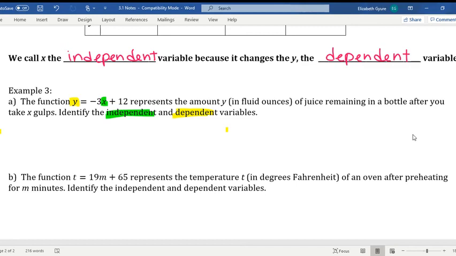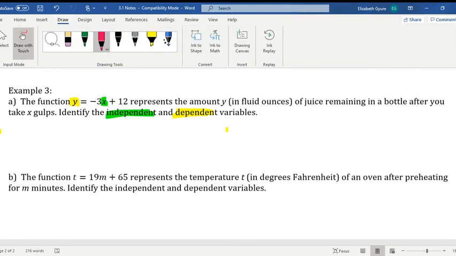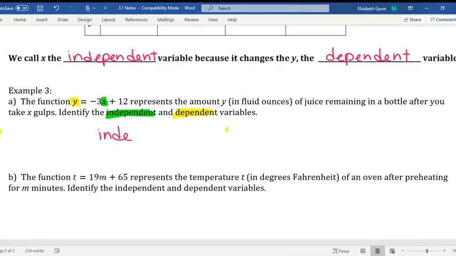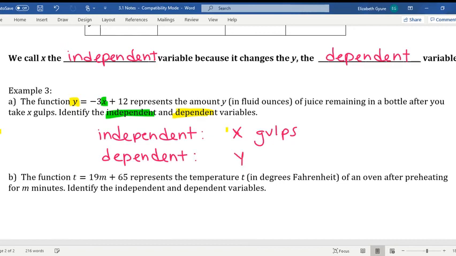Yeah, that's why the gulps is x and the amount of liquid in the bottle is y, because your gulps affect the liquid. So write down that the independent is x gulps and the dependent is y, and we'll put ounces.